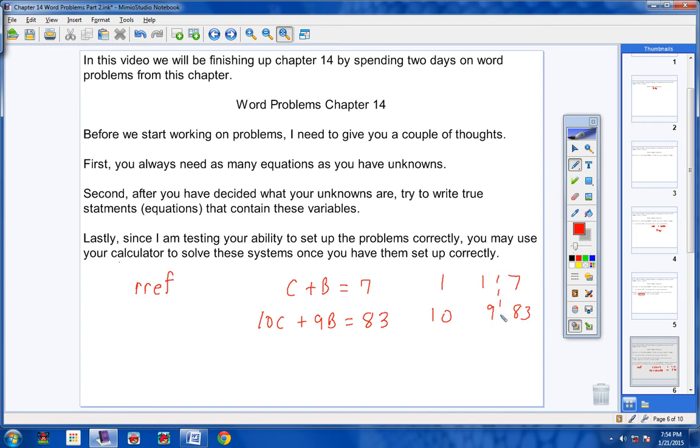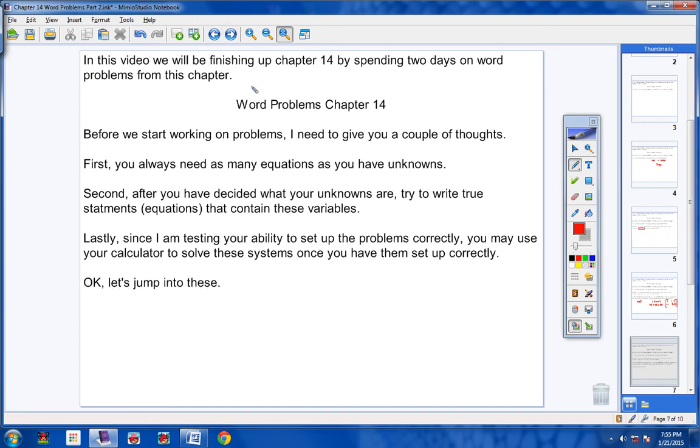And then do RREF to this matrix here, and the answer will pop out. So it will save you time solving these. So on word problems where you're writing systems, instead of making you solve those, you are more than welcome to use your calculators completely to solve the systems, okay? Because really, you've already shown me that we know how to do that. Now I'm testing your ability to set up the problems correctly, okay? Moving on.